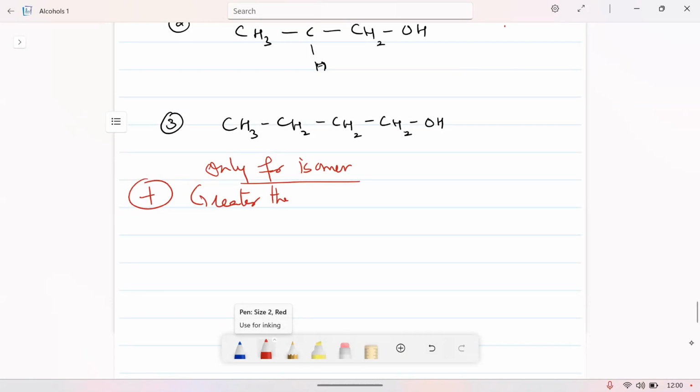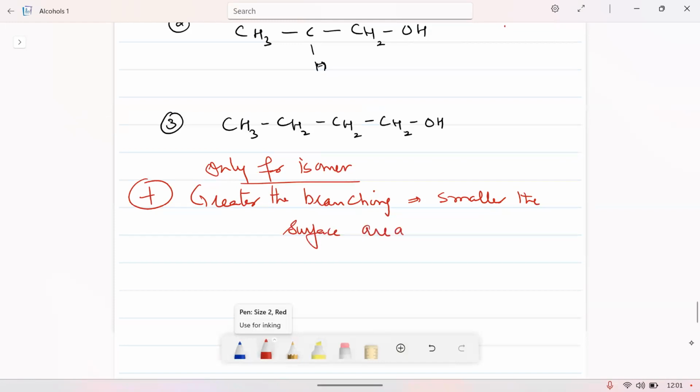So we are talking about isomers where the molecular formula is the same, so the molecular mass is the same. So greater the branching, smaller the surface area.